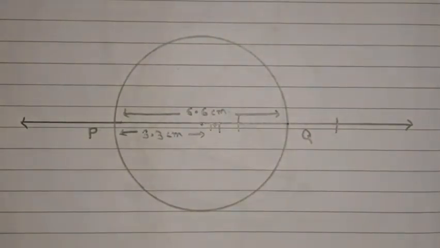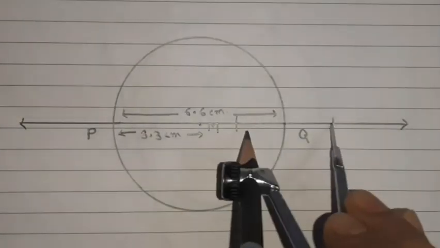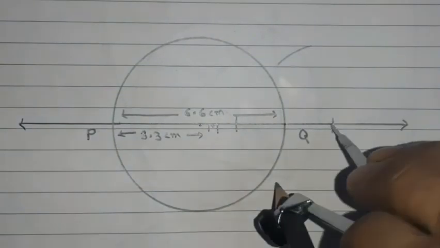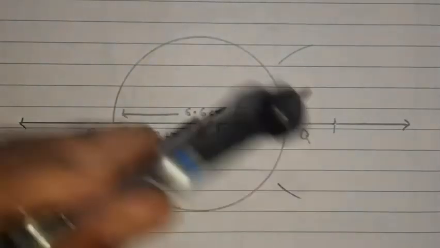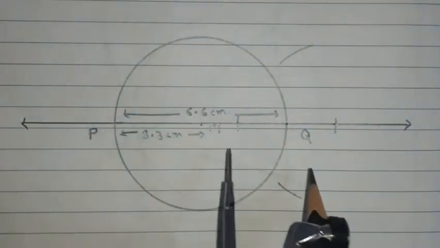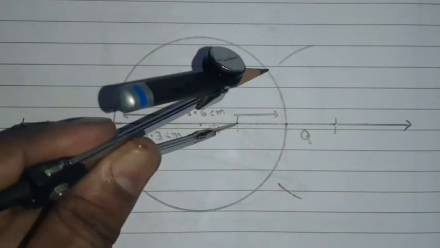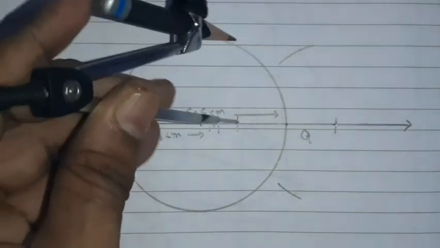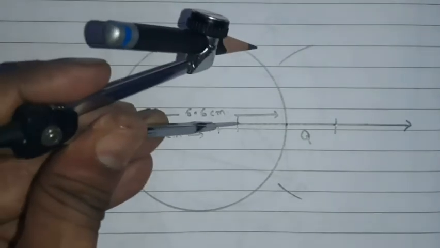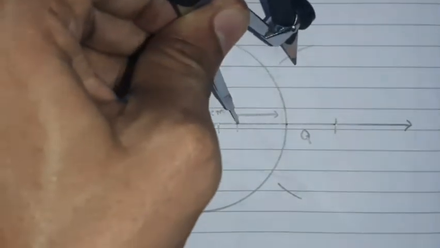Now put the metal point on one arc, take a distance more than half and make one arc here, another arc here. Keep the same distance, put the metal point on the arc. See, not on the center of the circle, it is on an arc. Most of our students make this mistake. They put the metal point on the center of the circle. Don't do that. We have to put it on an arc like this.